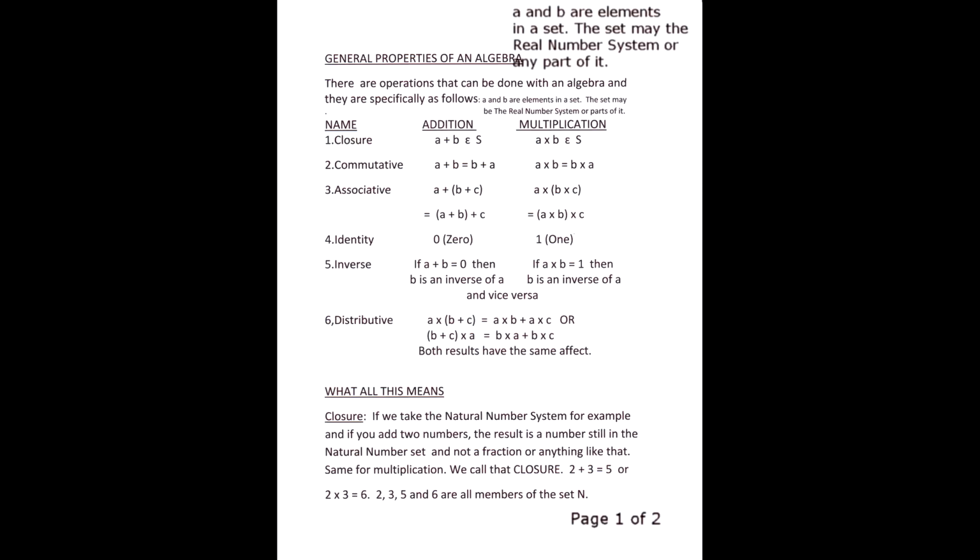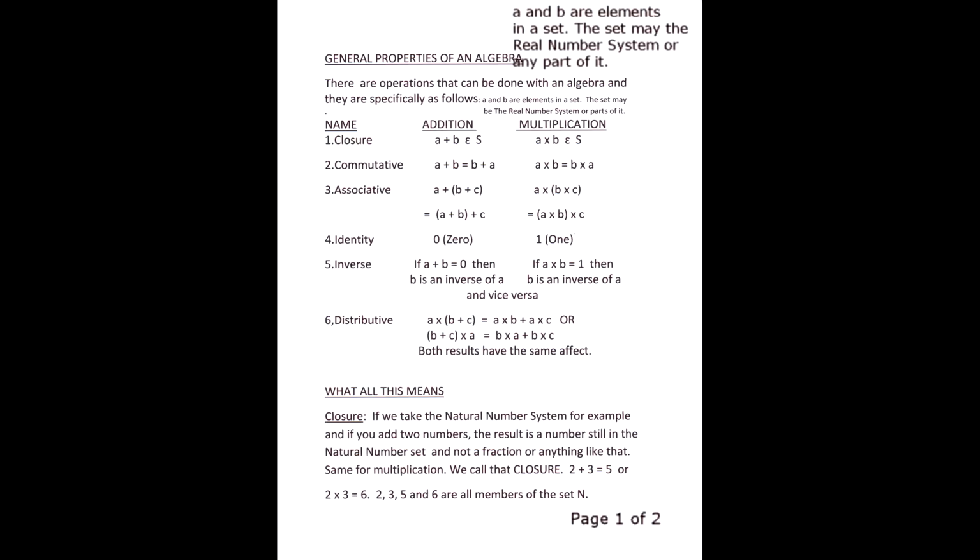The commutative property is second. If you take two natural numbers and add them or multiply them and turn them around and add or multiply again, you get the same number. That is to say, 2 plus 3 equals 3 plus 2 equals 5. Same as 2 times 3 and 3 times 2, and that equals 6. The next one is associative.